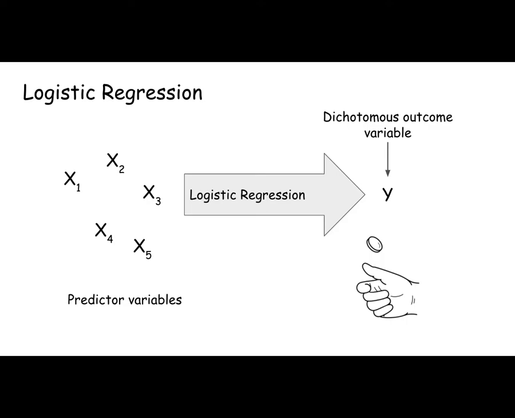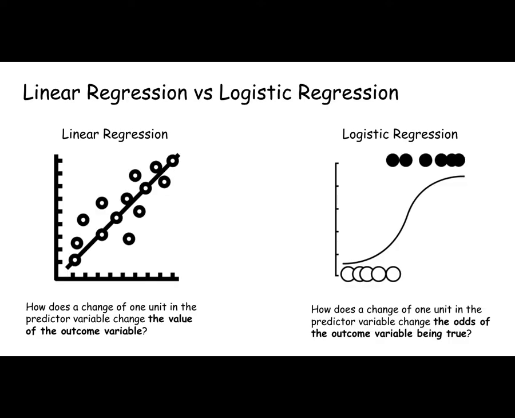So it takes one or more predictor variables and makes a prediction about what we call a dichotomous outcome variable, something that has a yes or no answer. So linear regression, if you remember, is looking at interval or ratio data on the x-axis predicting some sort of interval or ratio data on the y-axis.